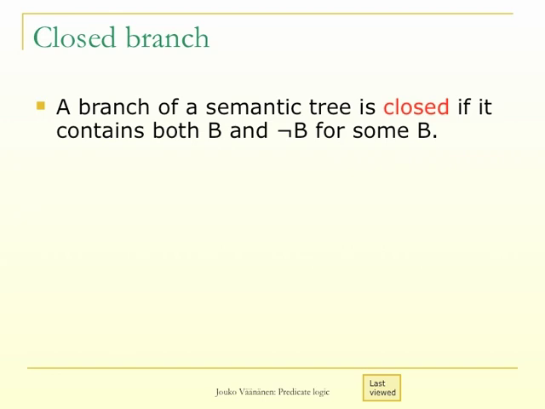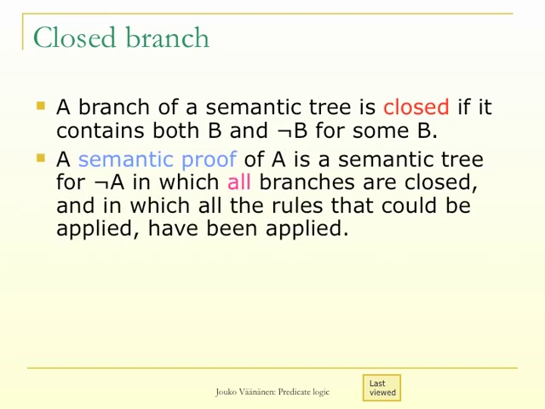A branch of a semantic tree is closed if it contains both B and not B for some B. A semantic proof of A is a semantic tree for the negation of A in which all branches are closed and in which all the rules that could be applied have been applied.